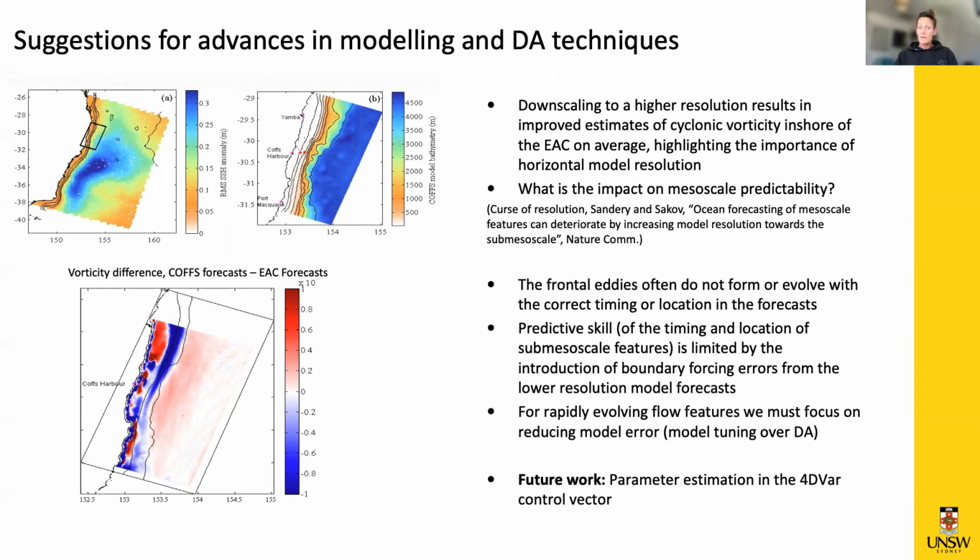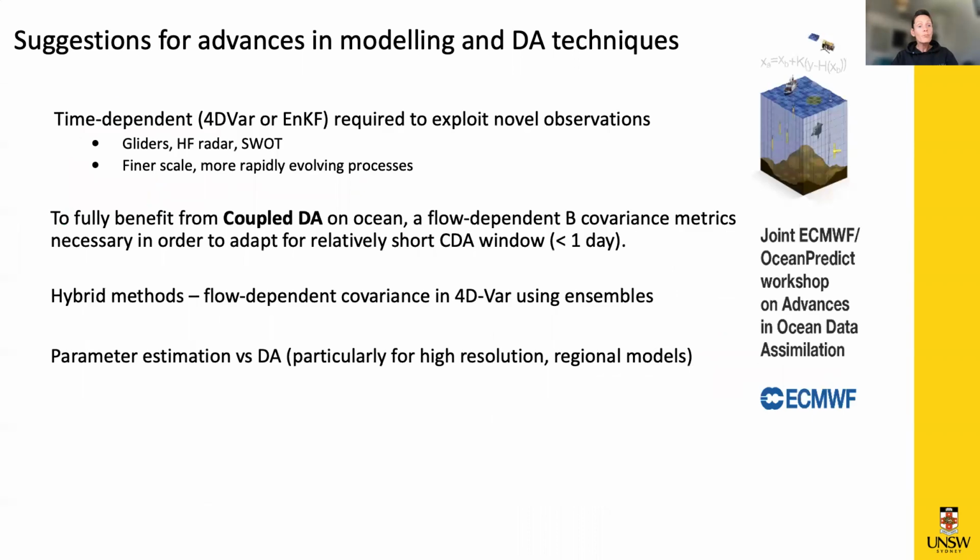However, the frontal eddies did not form or evolve with the correct timing or location in the forecast. And therefore, for rapidly evolving flow features, we must focus on reducing model error. And in particular, we're looking at parameter estimation in the 4D-Var control vector to tune the model rather than use data assimilation.